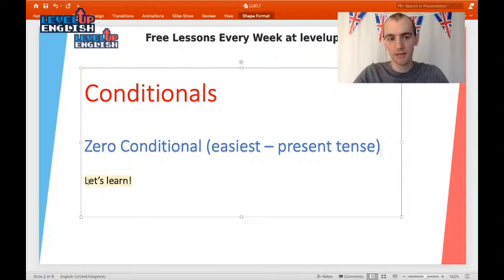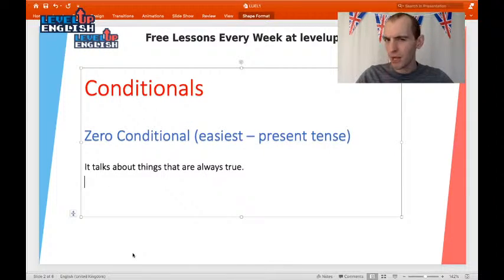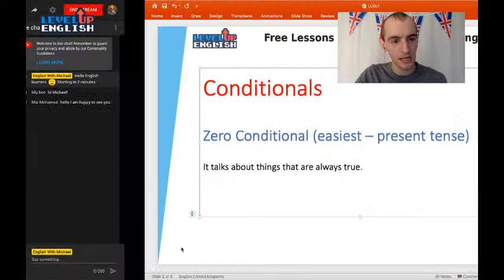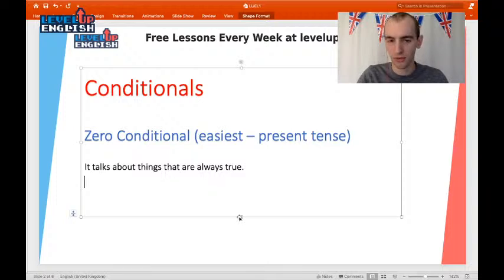In other words, it talks about things that are always true, the past, the present, or the future. It's just generally true. I'll give you an example. By the way, if there are any problems with the audio or you can't see the screen, let me know now and I will try to fix it before we get into it.